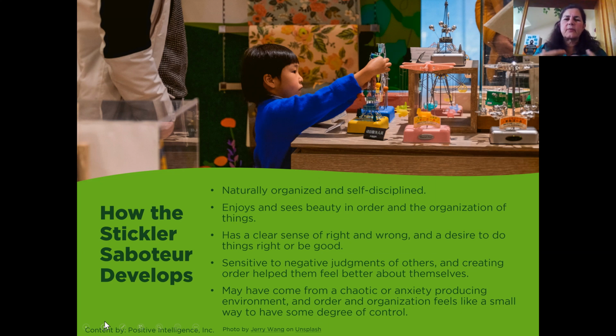I've had other clients with this particular saboteur who've grown up in very autocratic families, where there was a strong sense of right and wrong conveyed to them. And so that household might have been very orderly to an extreme. So you have two different types of households where the saboteur may have grown out of.